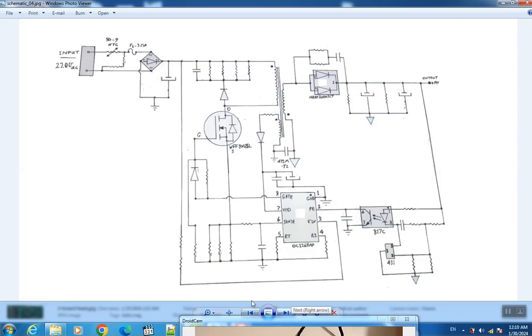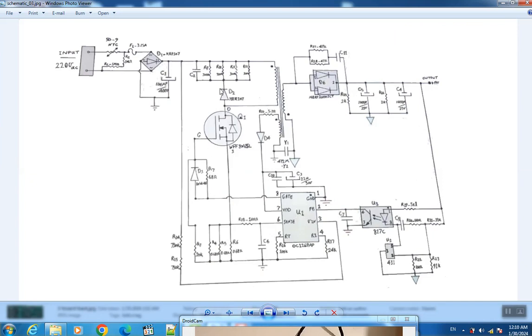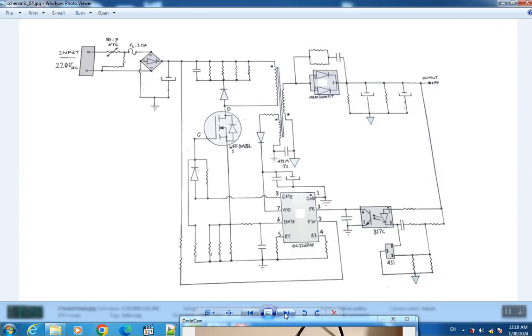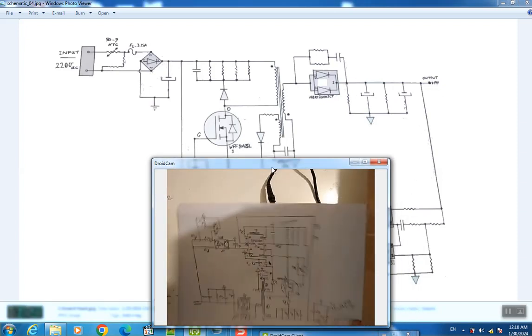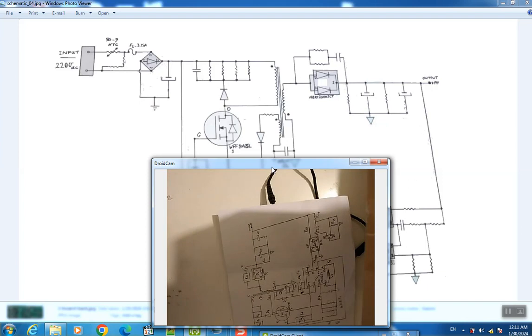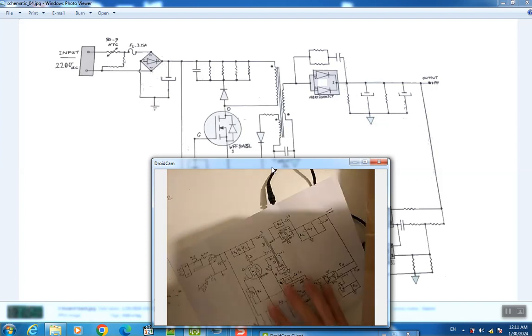And then I cleaned the names of elements on the diagram. Then I printed the diagram, and I am trying to find the elements on the board.